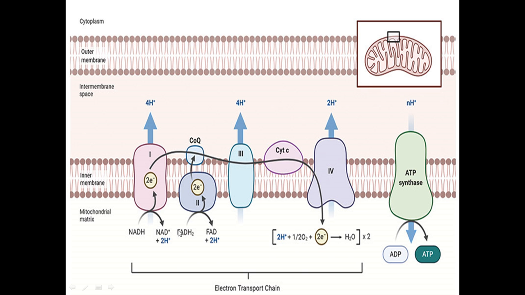The FADH2 is produced in the Krebs cycle precisely. So these two, the FADH2 and the NADH, are electron carriers that carry electrons and give them to the various complexes and transport them to the final electron acceptor, called oxygen.